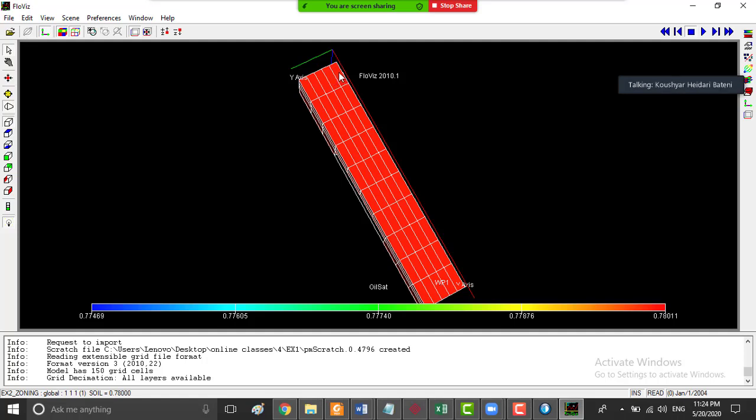The convention in Eclipse is that if we want to number the cells, we start at the cell number 1, 1, 1 and we consider that cell as our first cell. Then what do we do? We increase the coordinates in the x direction and we number the cells by increasing first their x coordinate.